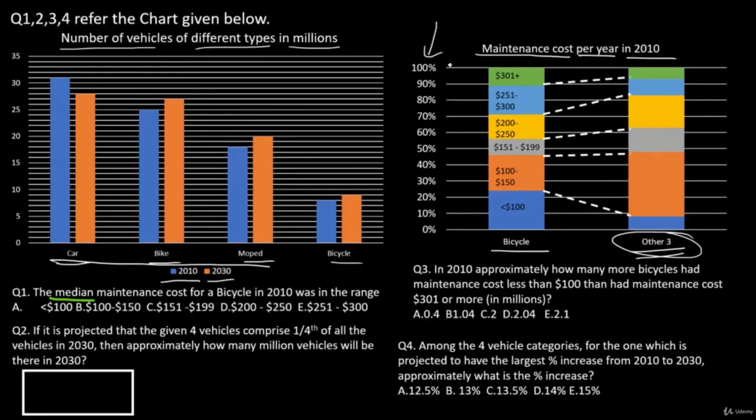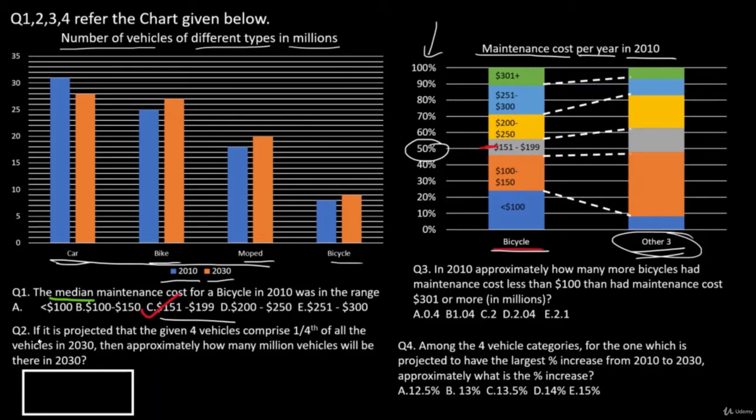So over here we have it in percentages, so the median will be something which is at the 50% mark. And over here at 50% we have the range $151 to $199. Therefore the correct answer to this question is option C. All right, let's get to the next question.